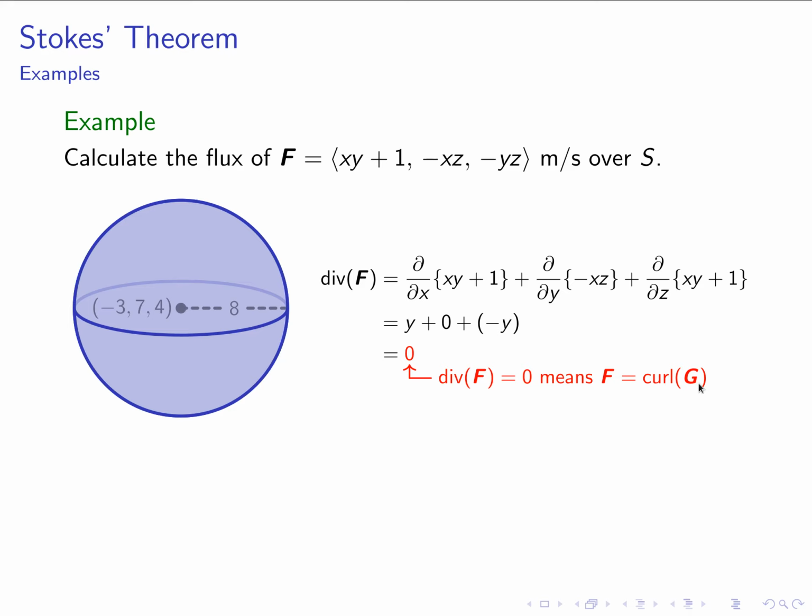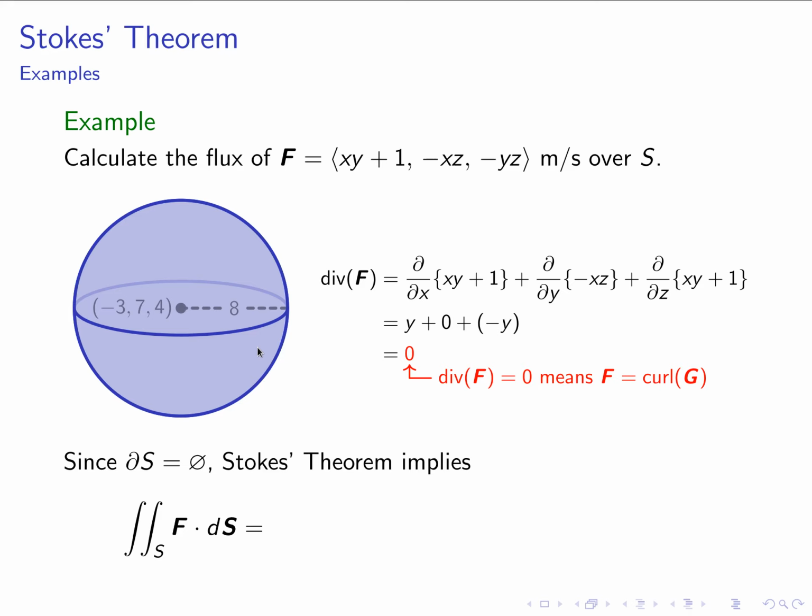But the point for this example is that G doesn't matter at all. This is a particularly interesting surface because it is closed, meaning this surface has no boundary. So we're only looking at the outer shell of this sphere, and there is no boundary curve.